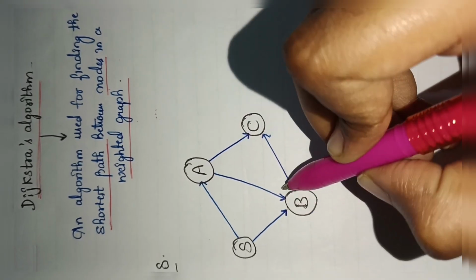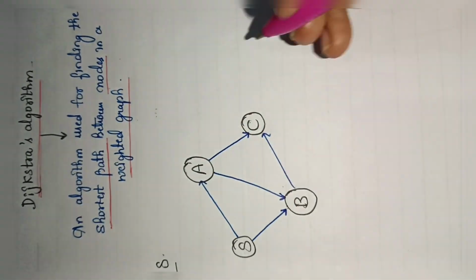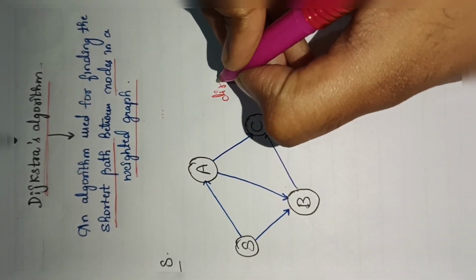These arrow marks indicate that this is a directed graph.